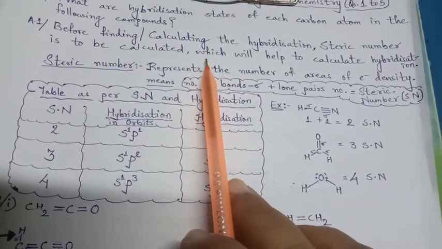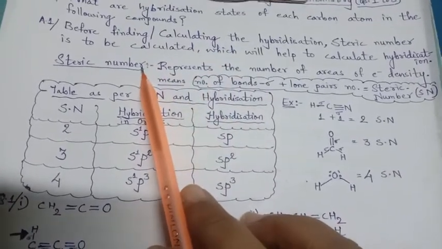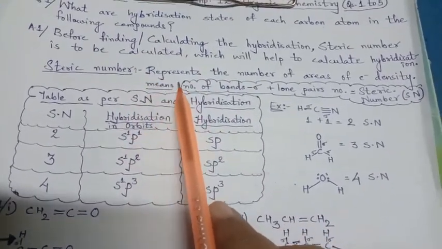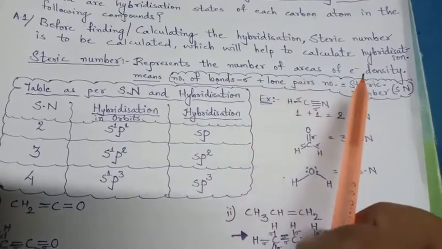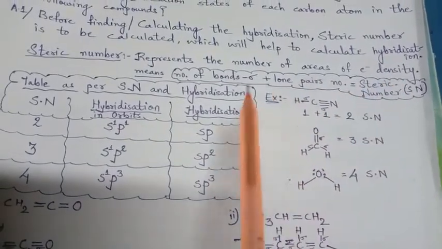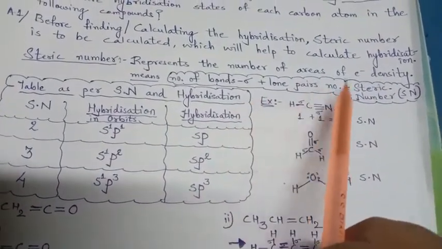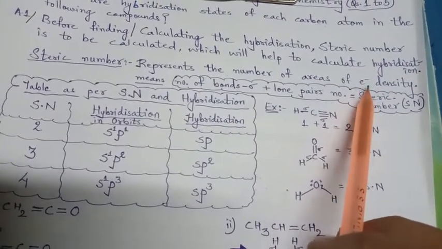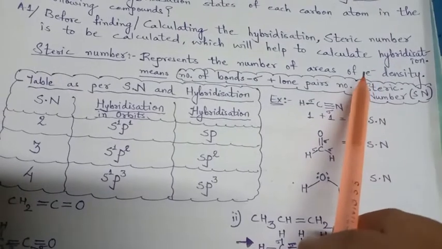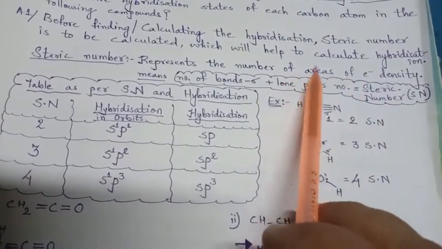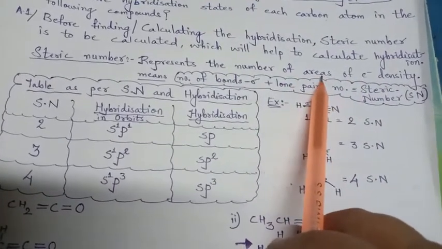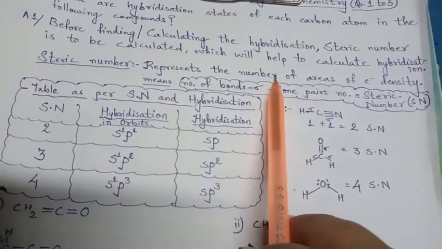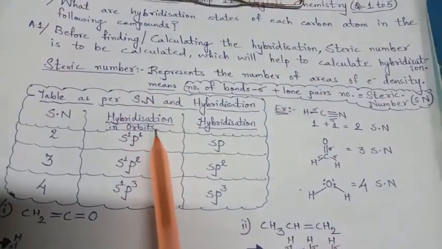So what is the steric number? First of all, the steric number represents the number of areas of electron density. That means wherever electron density is taking place as a bond, whatever area the bond covers is given a number, which is termed the steric number.